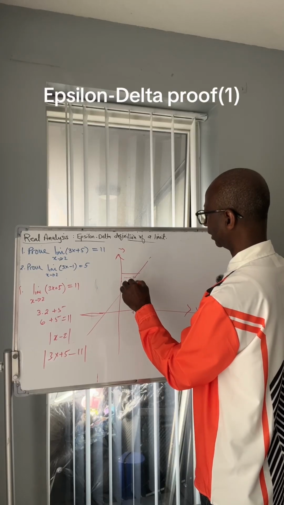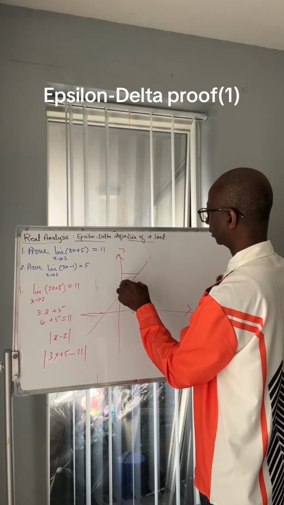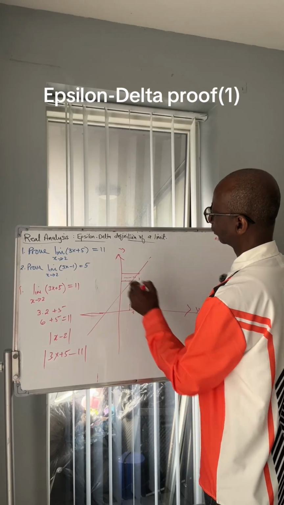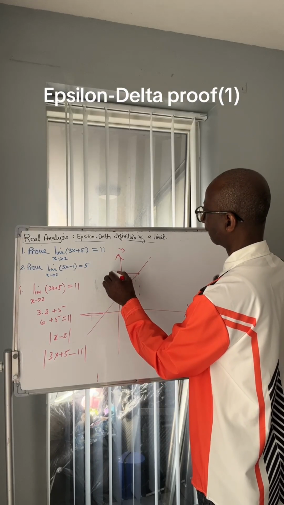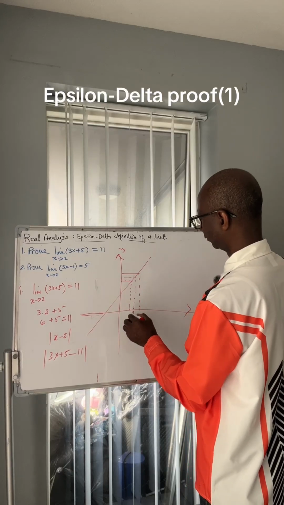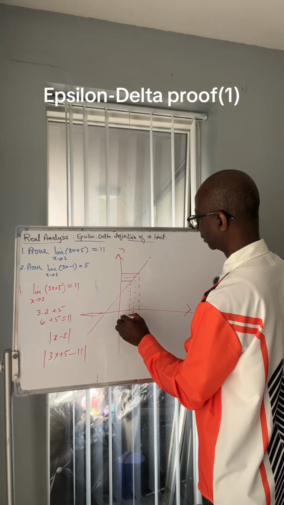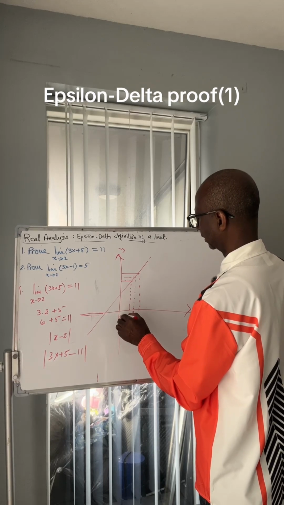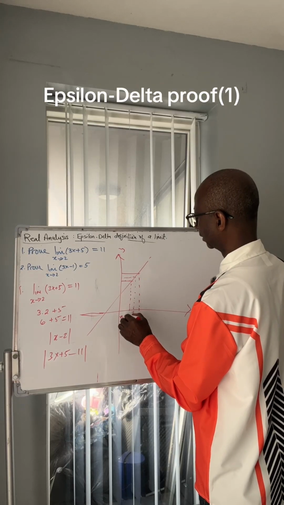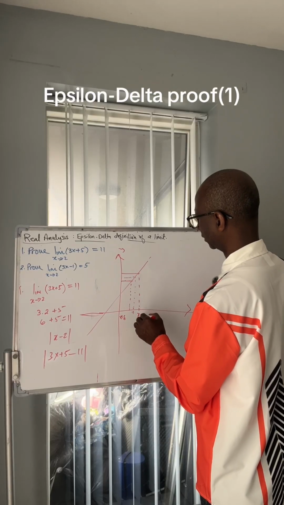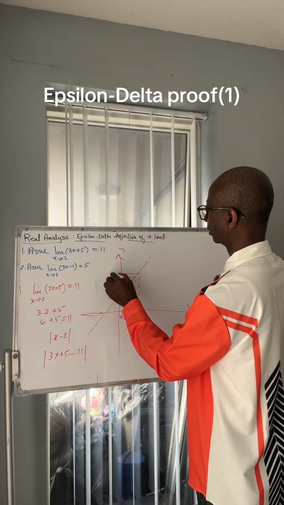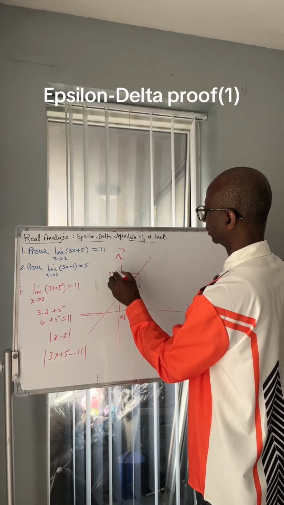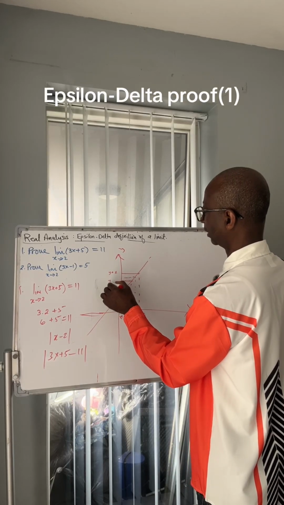So this one is x minus delta, this is x plus delta, and this is the function f of x, let's say y plus epsilon, and this one is y minus epsilon.